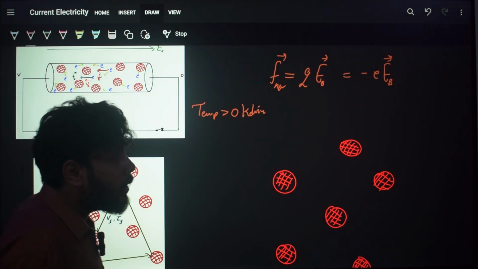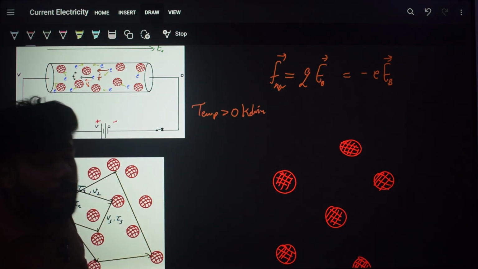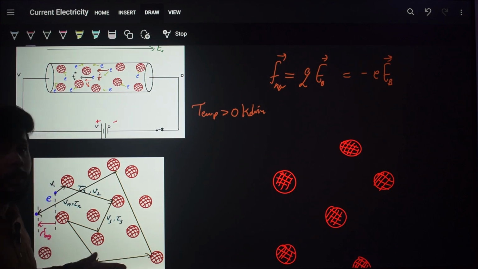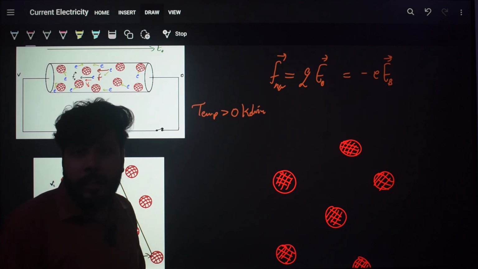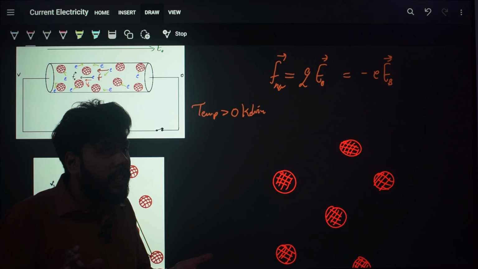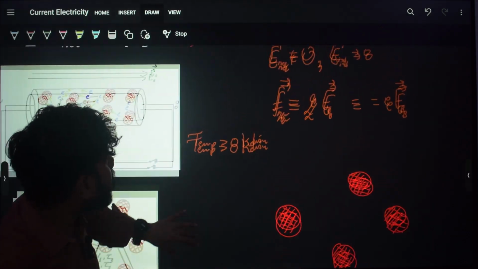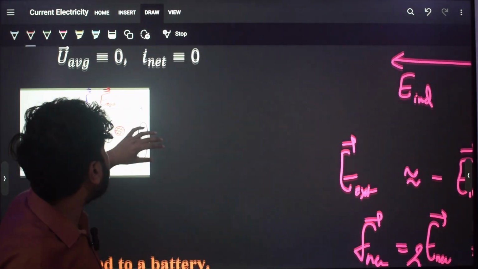Because of some reason, say a fire, there is chaos in the room. Each one will be running here and there, and the room is closed. Even though they are running at high speed, they cannot reach a point, so their average velocity is going to be 0. That was the case for the second stage of the previous one.